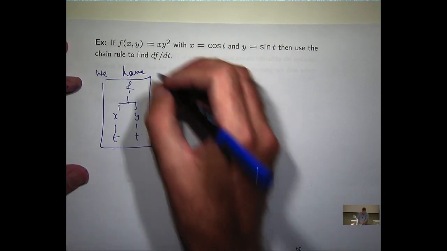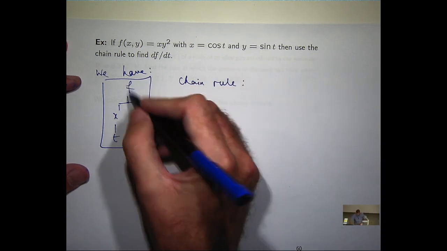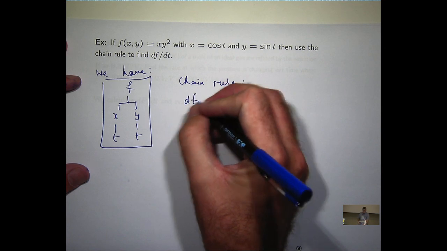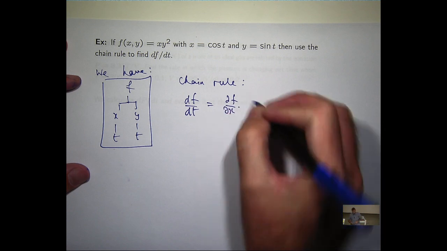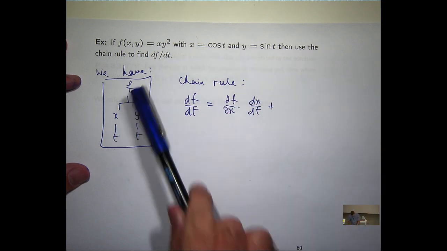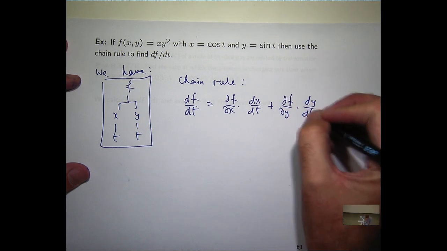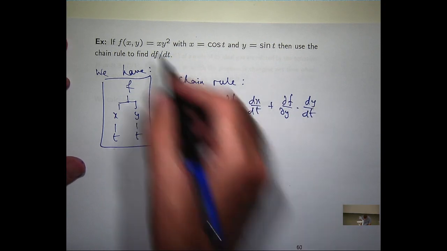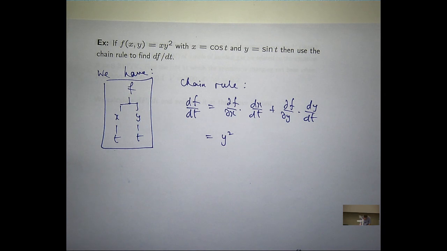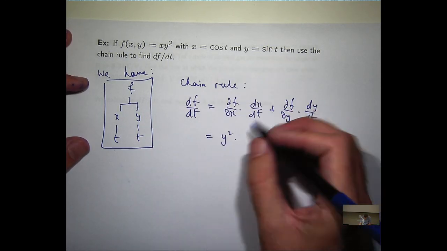So our chain rule is df dx times dx dt plus df dy times dy dt. So now what I would do is find these four derivatives and plug them all in. So df dx is going to be squared, dx dt is going to be something like minus sine t.